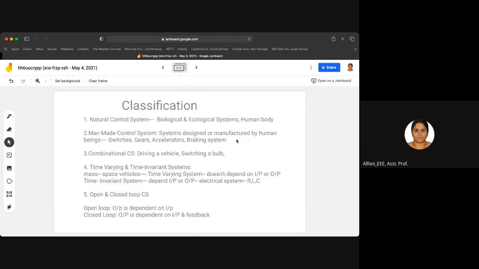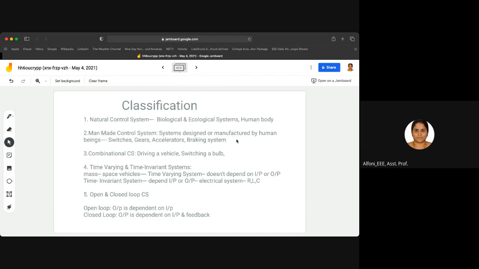For example, a time varying system, that means one which doesn't depend on the input or the output. For example, these depend only on the mass, that means the weight, like the space vehicles. So they depend on the mass of the vehicle.